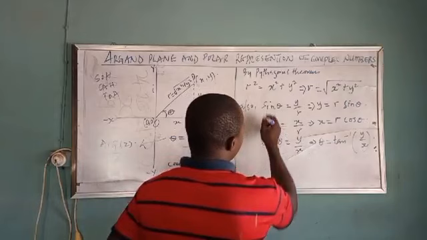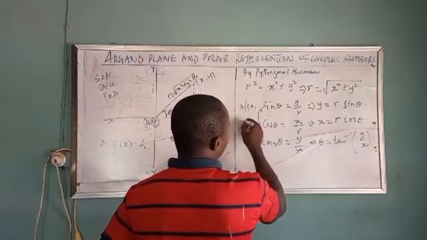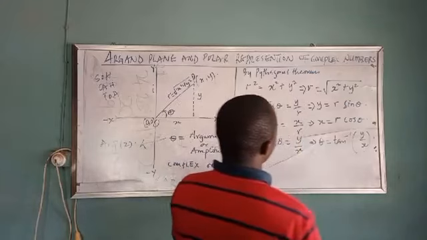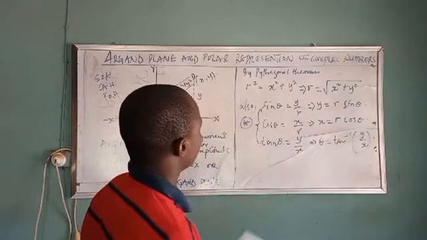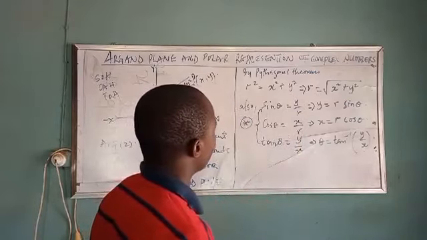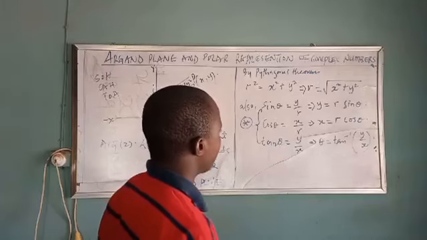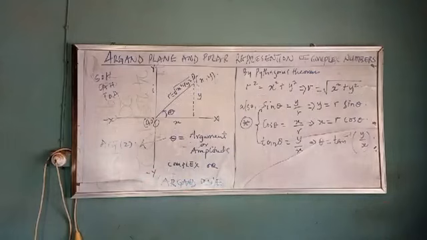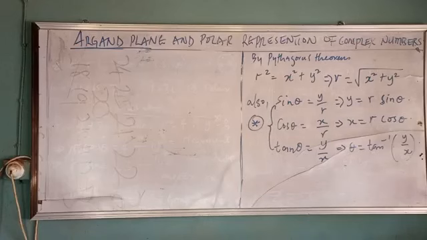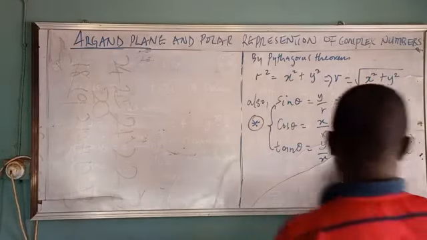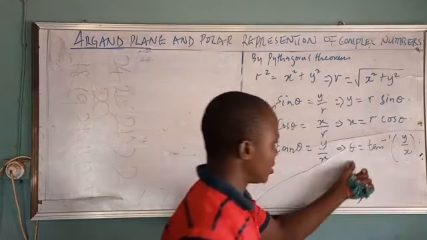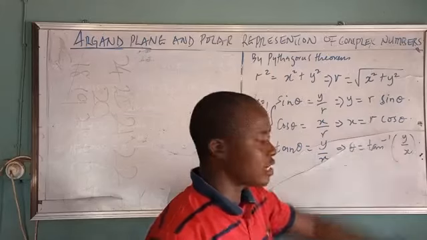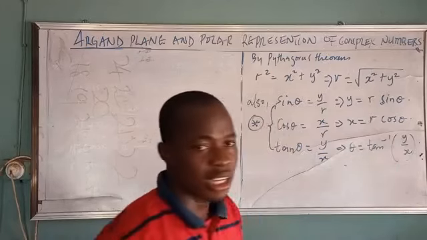Then we have this equation. Now if they ask you to get the argument, this is the formula: your theta will be tan inverse of y over x.